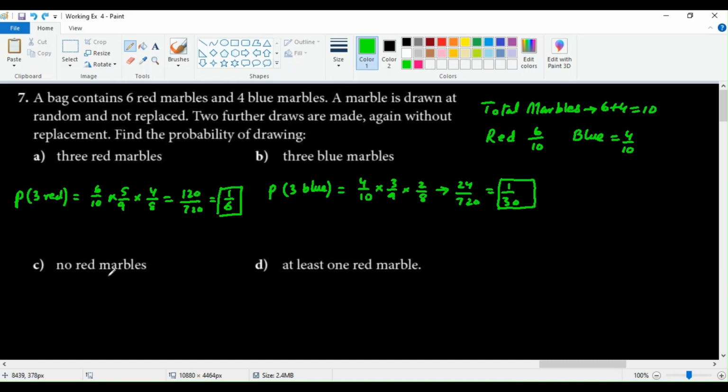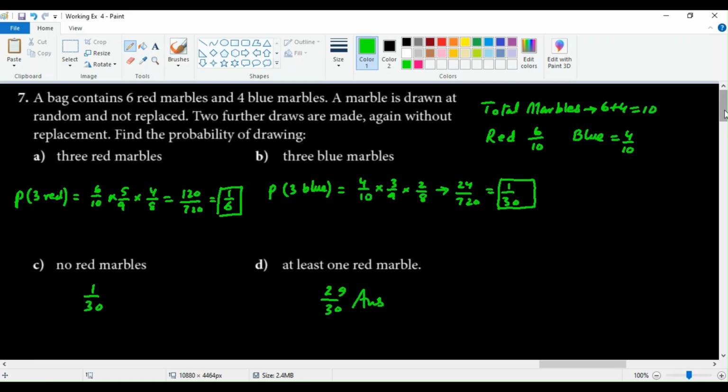So no red marbles means you're talking about all blue. When it comes to at least one red marble, it's the opposite of the blue one. So blue is 1 over 30, and this is going to be 29 over 30 as the answer for this part of the question.